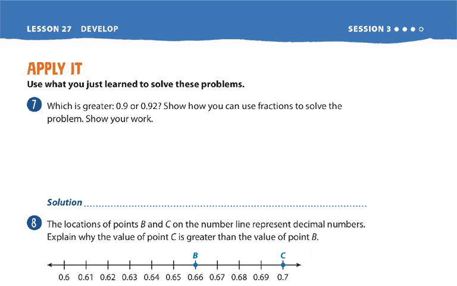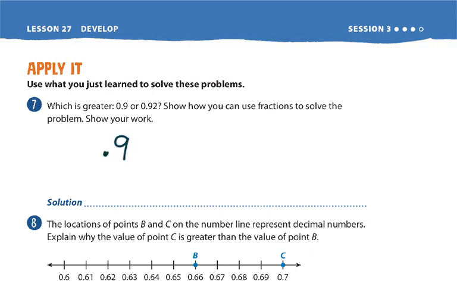We're on 7. It says, help me read, which is greater, 0.9 or 9/10, or 0.92, which is 92 hundredths. Show how you can use fractions to solve the problem. Show your work.